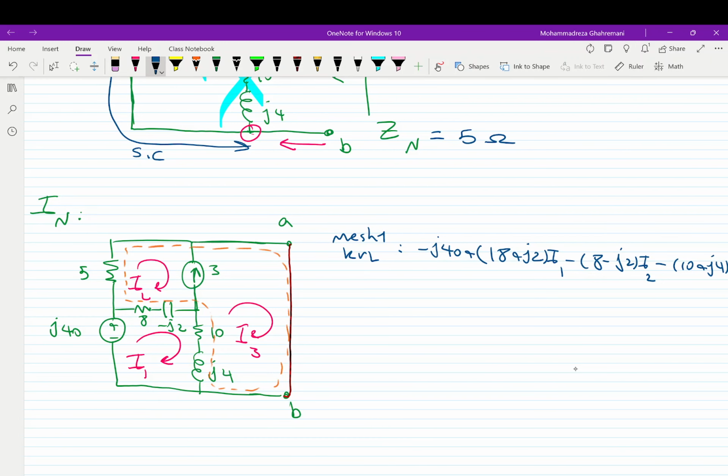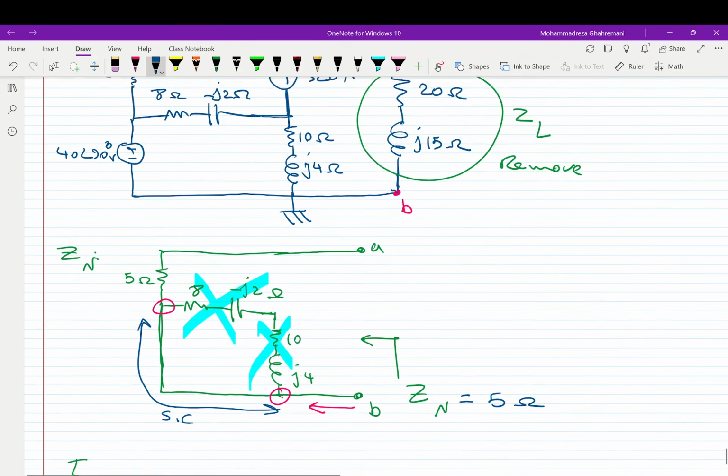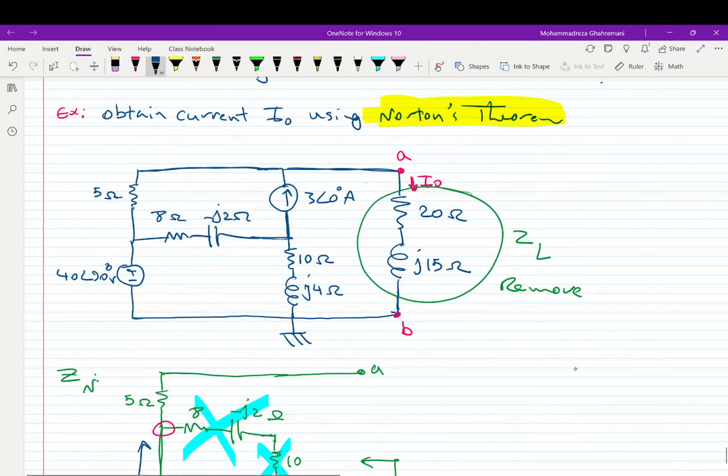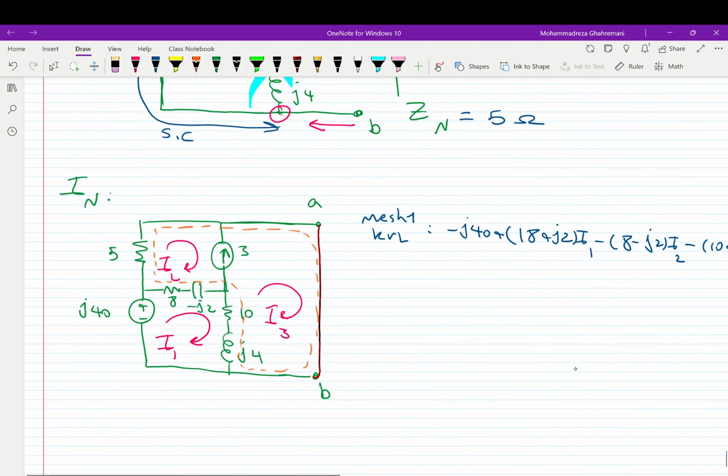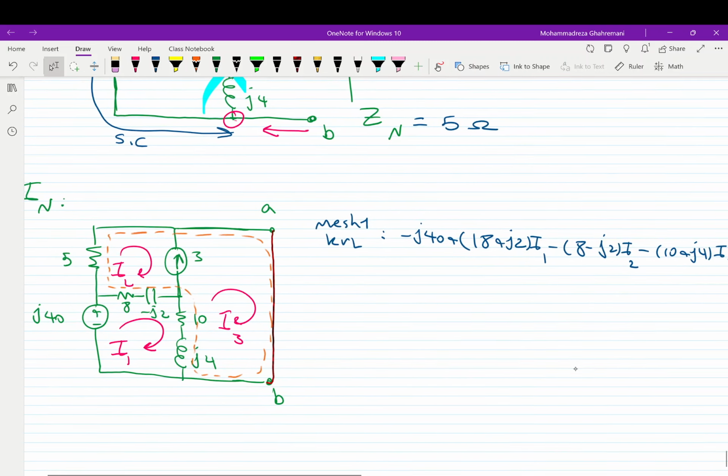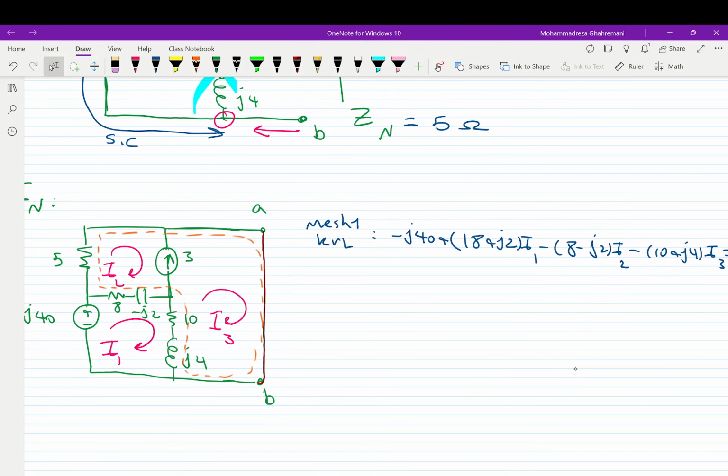For mesh 1 I started from J40. Why did I say J40? I forgot to mention that because the angle is 90 degrees, I converted it to J40. Then I added all the impedances in this loop and multiplied by I1.